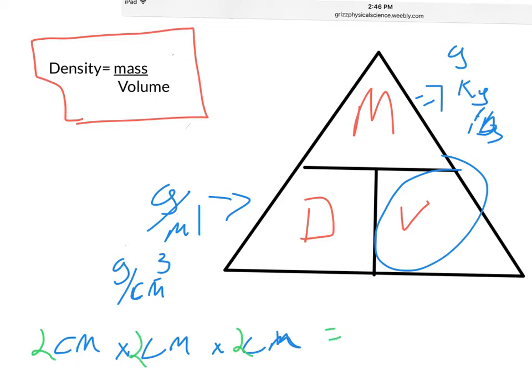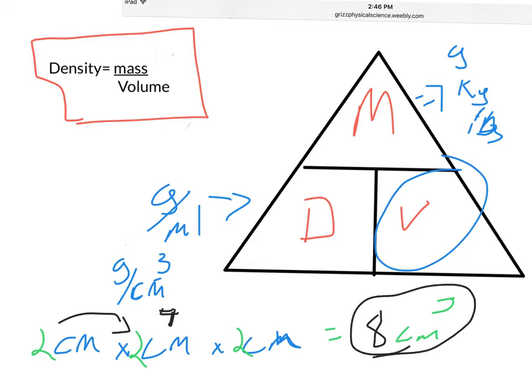This would give you your centimeters cubed. So how do you do that? You do 2 times 2, that gives you 4. 4 times 2 gives you 8. So 8 would be your volume there, centimeters cubed.